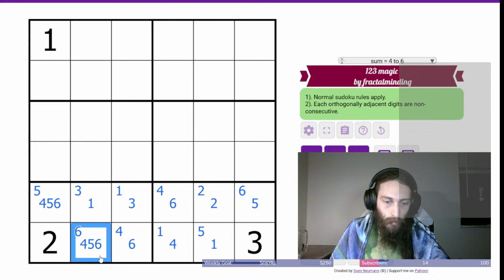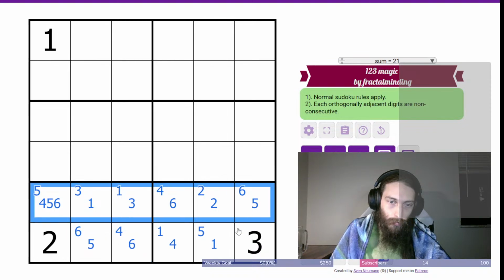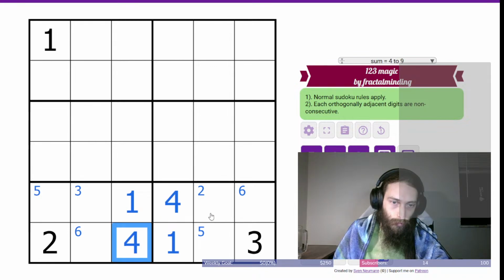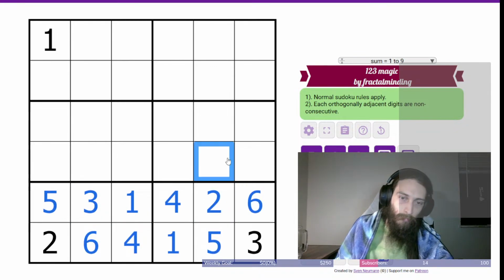And then this would be not 6, 5, or 4. But 5 doesn't work, because you can't do 5 and 6. Right. So 1, 1, 4, 4, 2, 5, 5, 6, and 3.